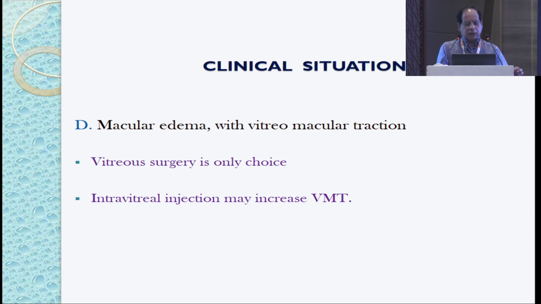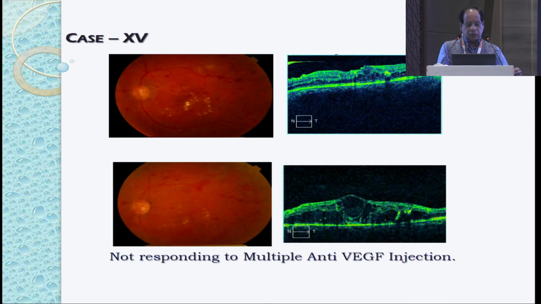The last situation is where we should talk about macular edema with traction. Vitreous surgery is the only choice, and this is one patient who had increasing CME. We gave multiple injections. The hard exudate with systemic control was decreasing, but the cystic spaces of the macular edema were persisting.